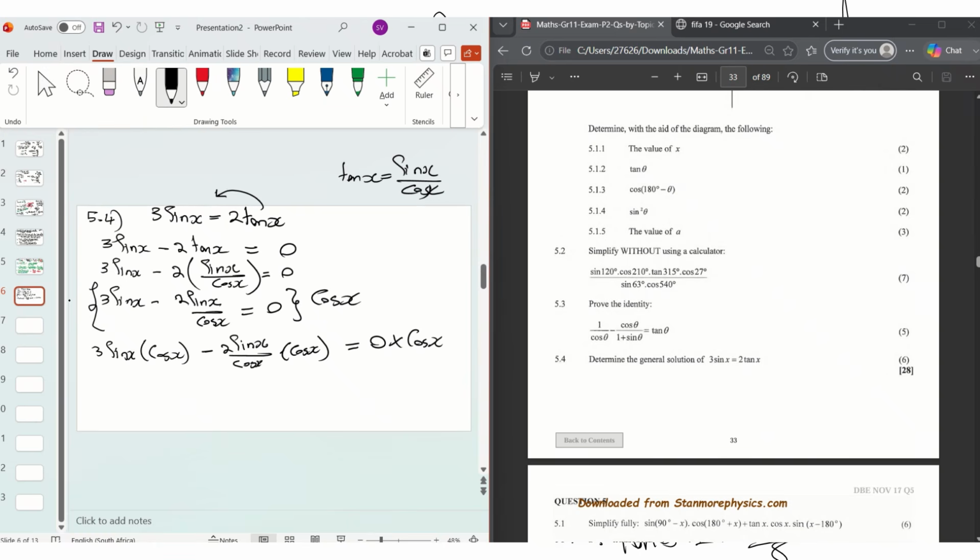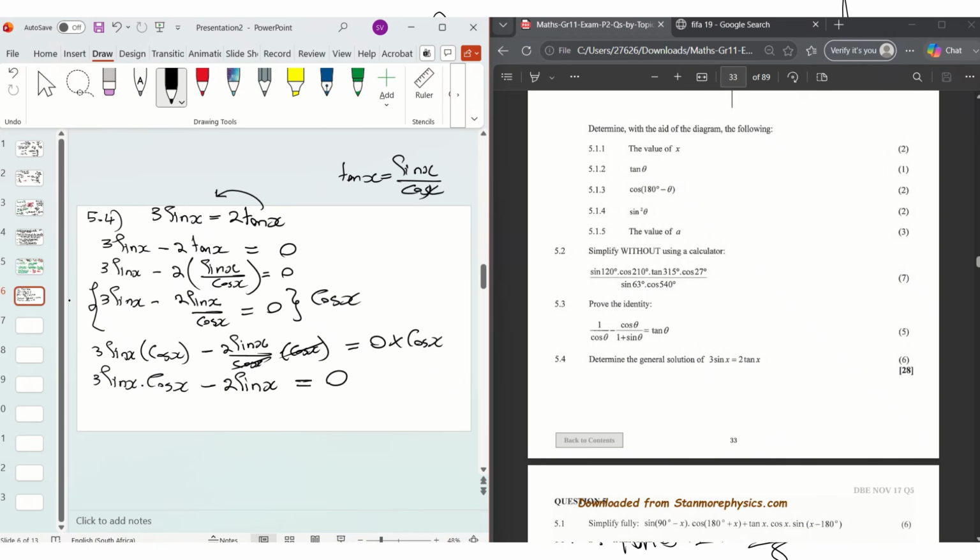Now we have 3 sine x times cos x minus, cos and cos will cancel, so we have negative 2 sine x is equals to 0.